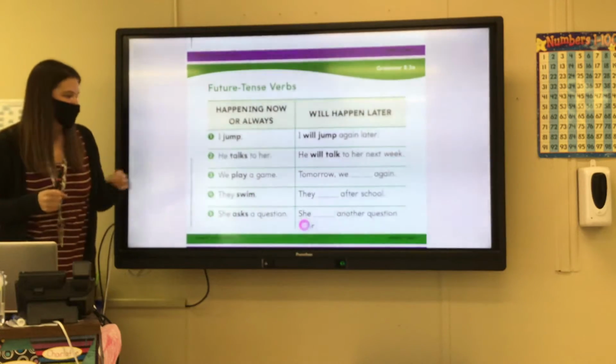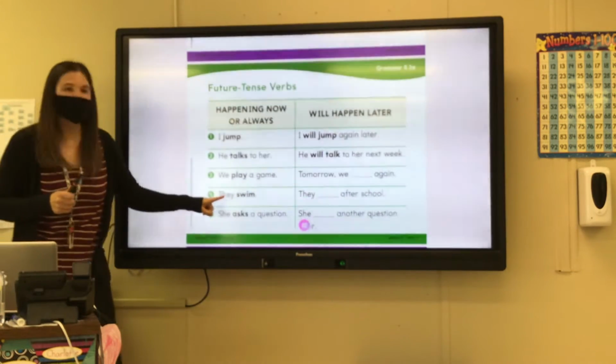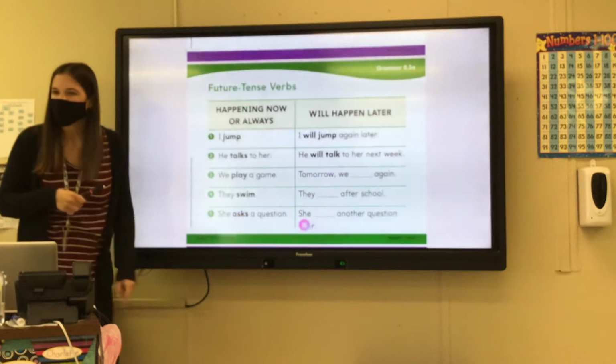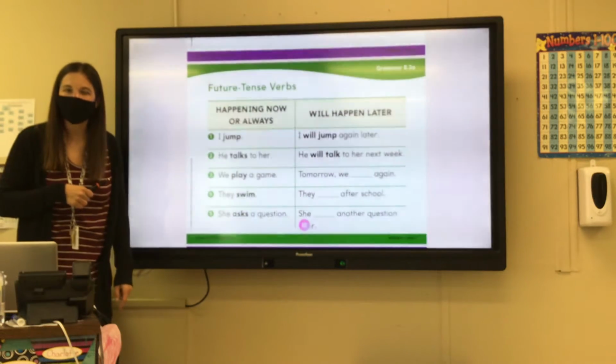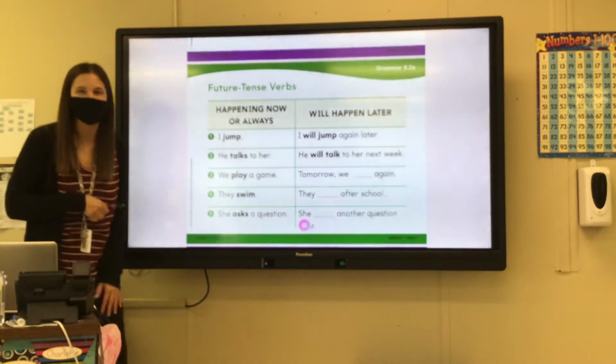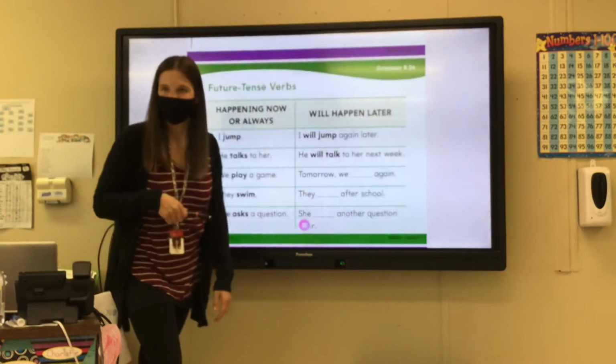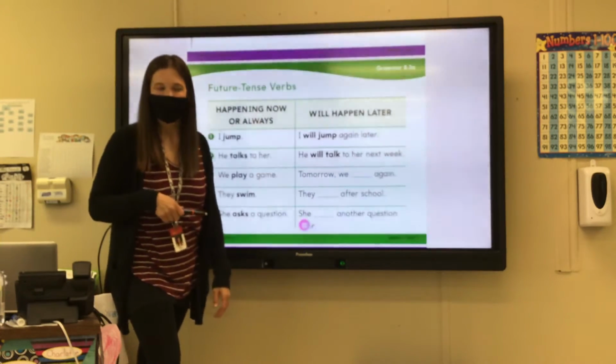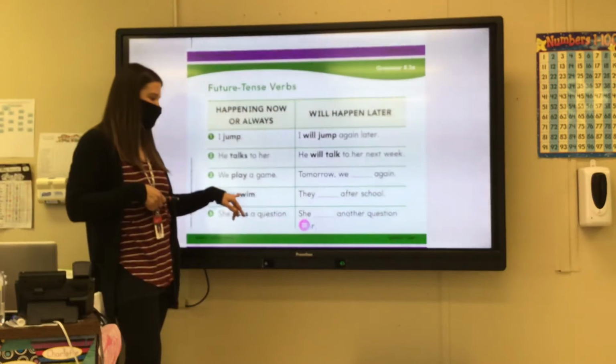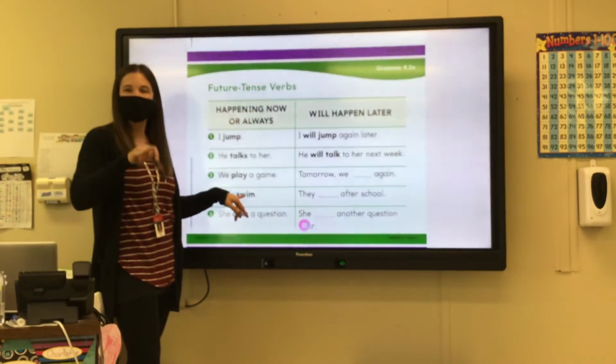The actual will. Right. Okay, so number 4 says they swim. What's the action word in they swim? Everyone's hand should go up. What is it? Everyone? Swim. So if they swim right now, they swim.